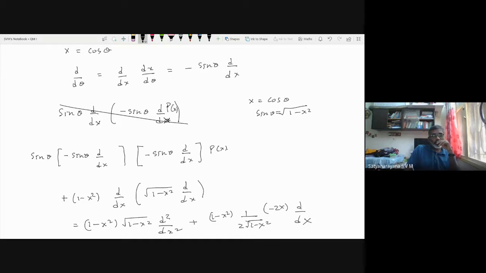So the root of 1 minus x square will be a root here, and the 2 will go away. So minus x into root 1 minus x square.